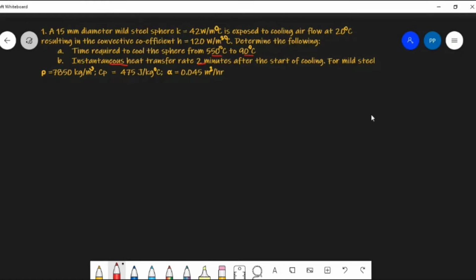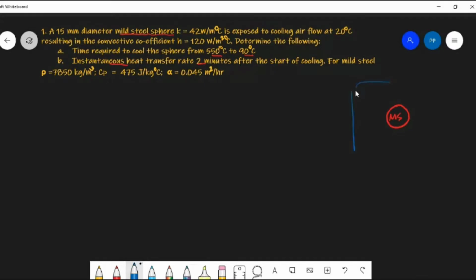So here we have a mild steel sphere of 15 mm diameter. So we have a sphere here, having a diameter of 15 mm, made up of mild steel. And this is exposed to cooling air at 20 degrees Celsius.